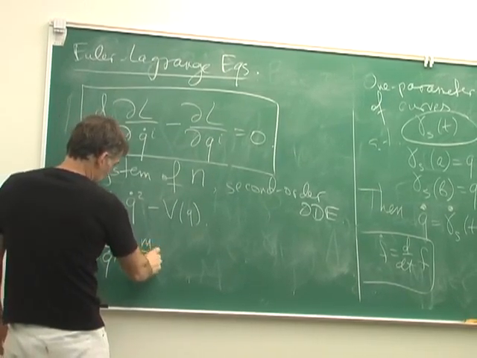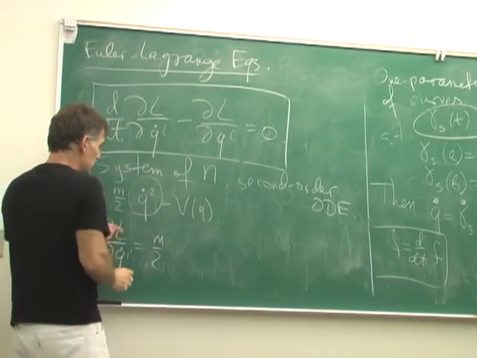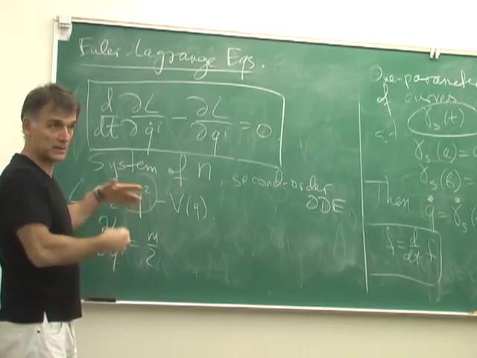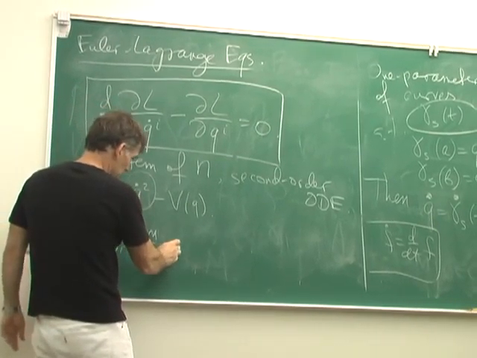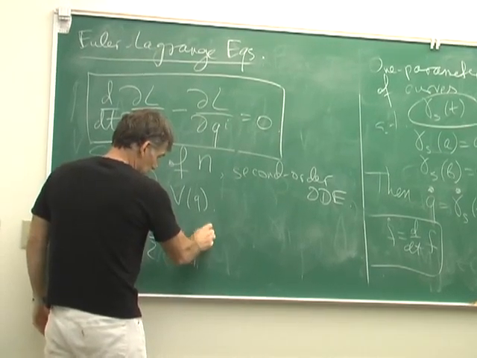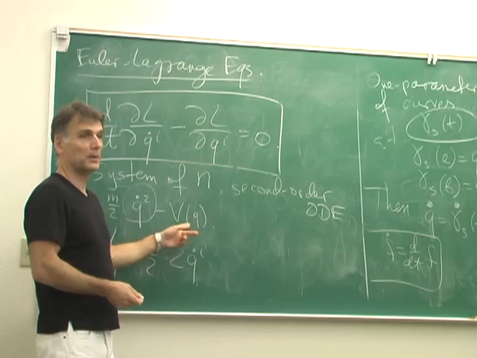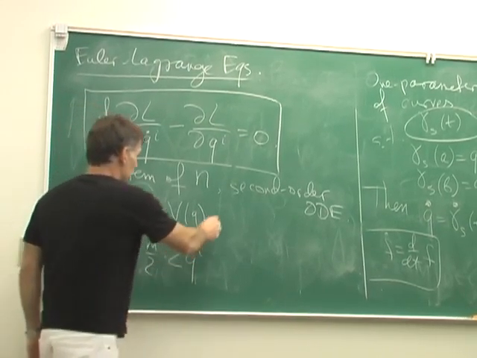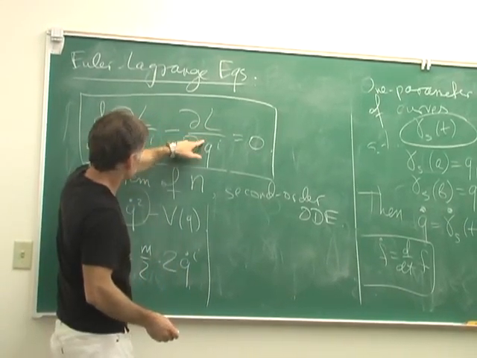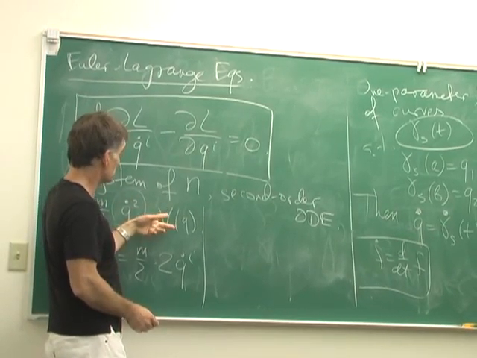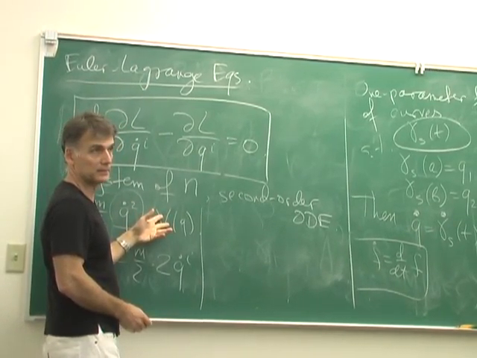So it is m over 2, and then take the derivative of velocity squared with respect to the velocity. So it gives you 2 q dot i. So that's it. This doesn't depend on it. Okay? And this derivative, because this does not depend on coordinates, it will be just the derivative of V.